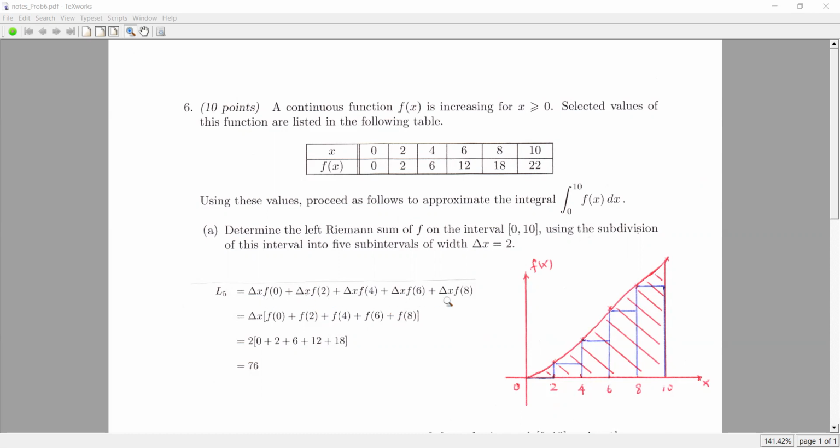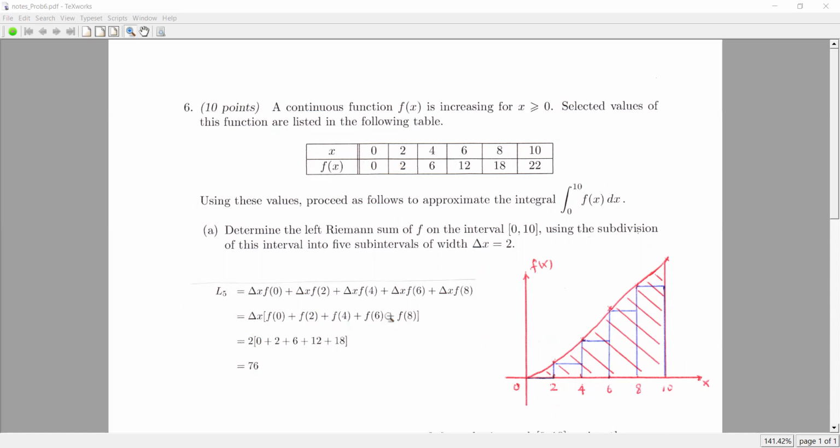To compute this sum, I factor out delta x. Then I have this equation. Delta x is 2. Function values at 0, at 2, at 4, at 6, at 8 can be found from the table. Then I have this equation. This number is 76.